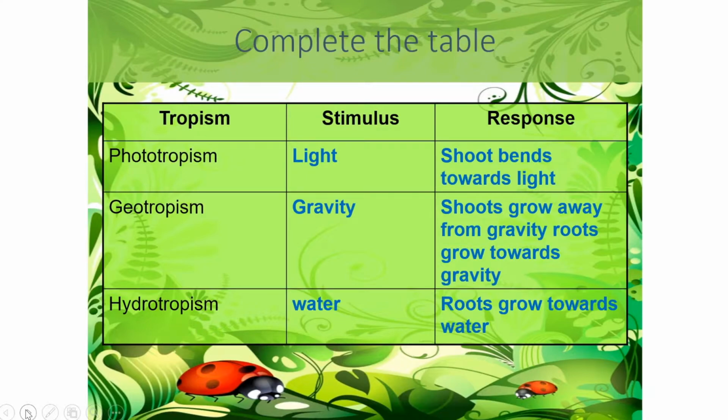Phototropism is the response to the stimulus light, and the response is that the shoot will always bend towards the light. Geotropism, which you will sometimes see written as gravitropism, is a response to gravity. The shoots will always grow away from gravity. Roots will grow towards gravity. And hydrotropism is where the stimulus is water, and roots will always grow towards water. So please complete the table in your booklet.